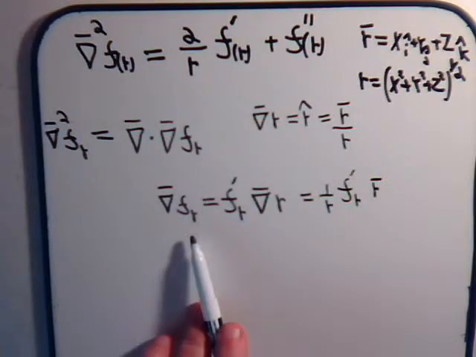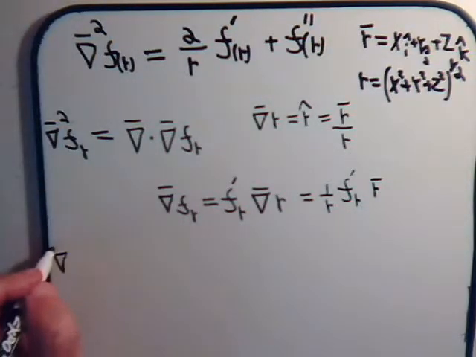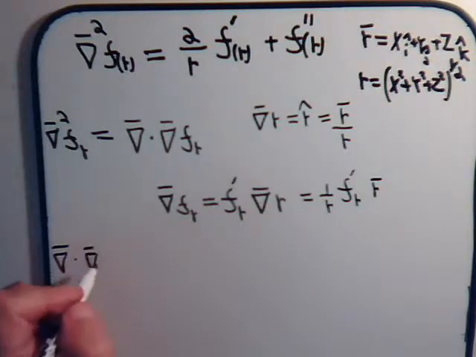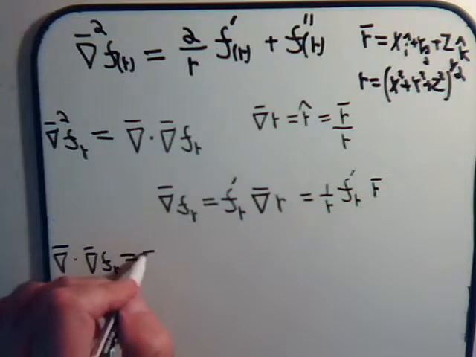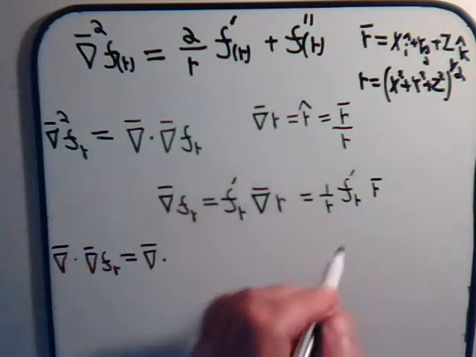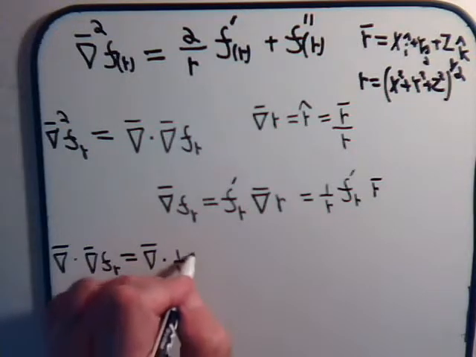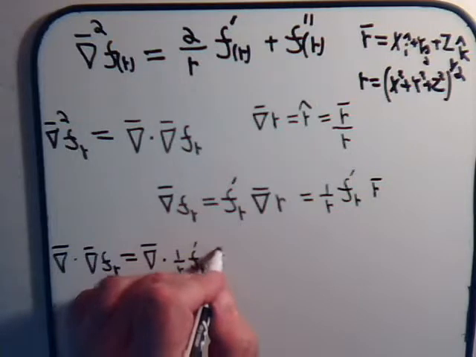So that's what this is. So we rewrite our problem again like this. This dot del f of r, that's equal to del dot this quantity, 1 over r f prime of r times the position vector r.